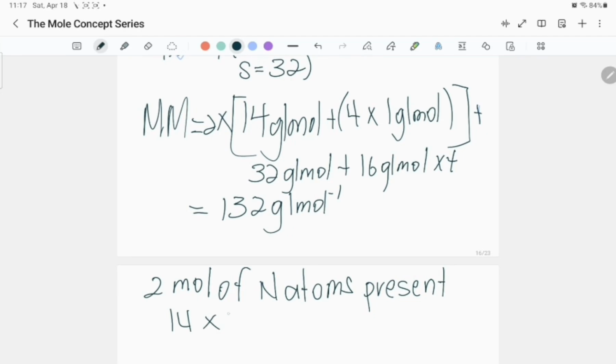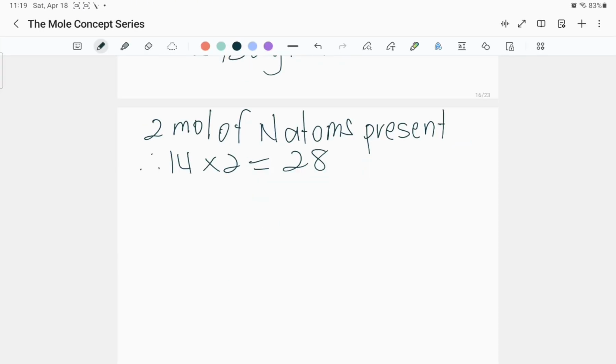Therefore, the mass of nitrogen present in ammonium sulfate will be 14 times 2, 28. So now we have found that 28 grams of the nitrogen atoms are present in ammonium sulfate.